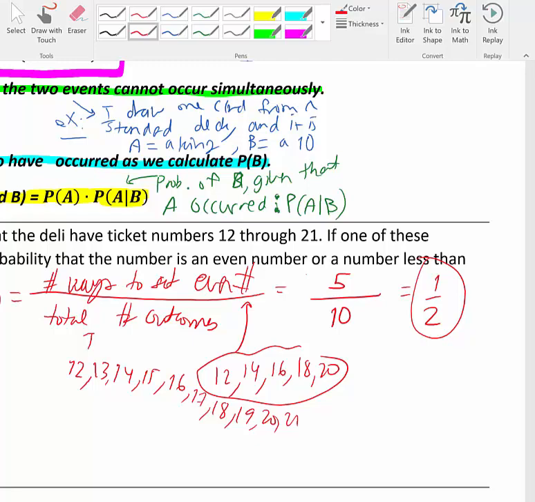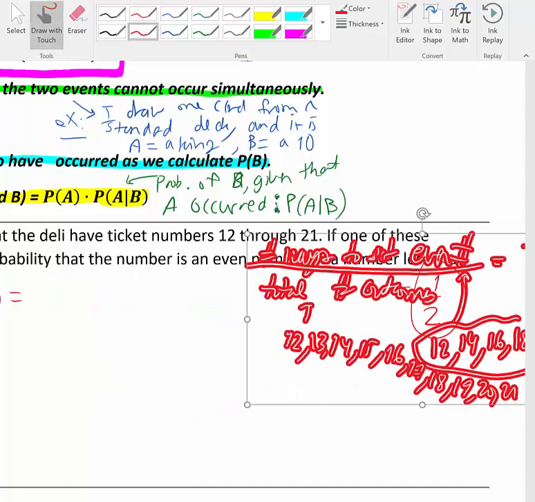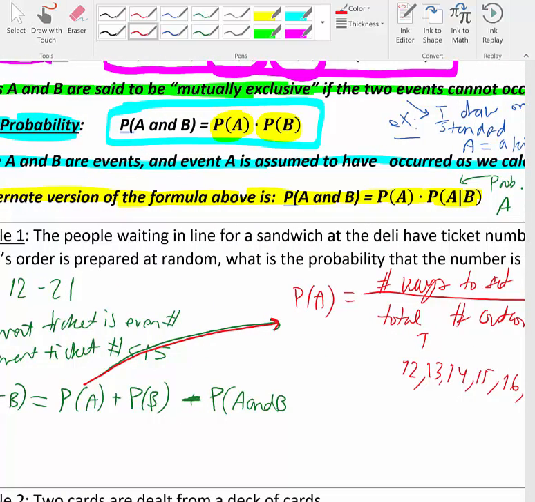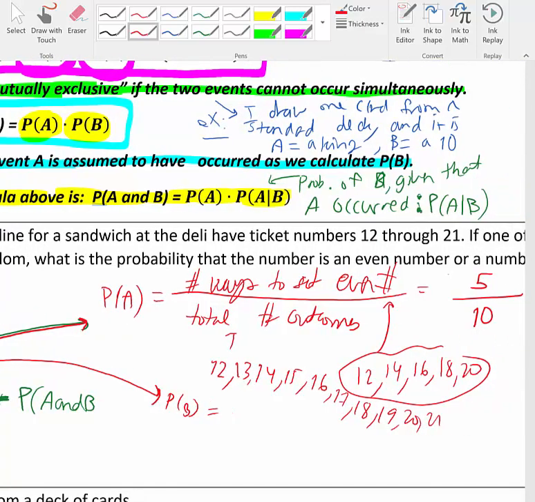And now we want to calculate the probability of event B. What's the probability of event B happening? It's a similar formula, right? The number of ways you get a number less than 15, and the denominator is going to be the same.